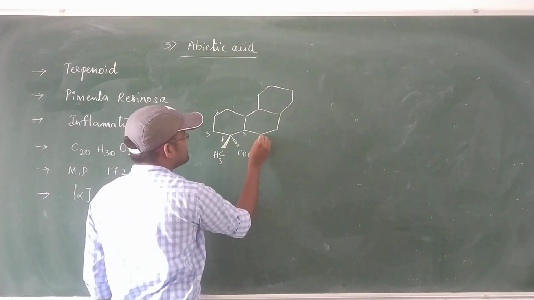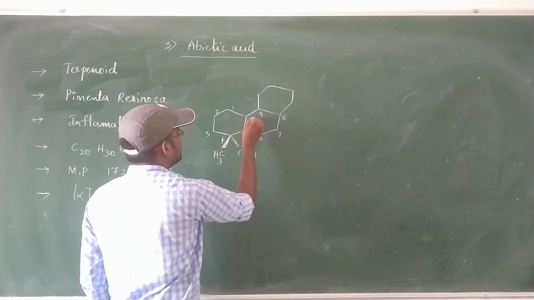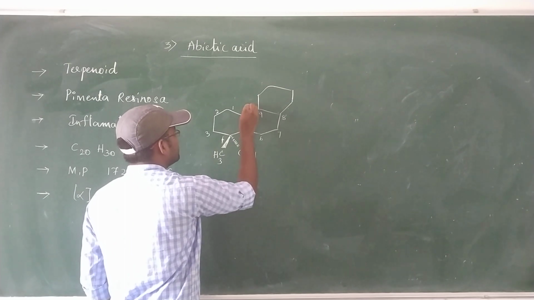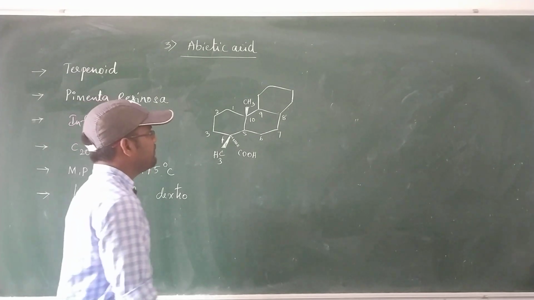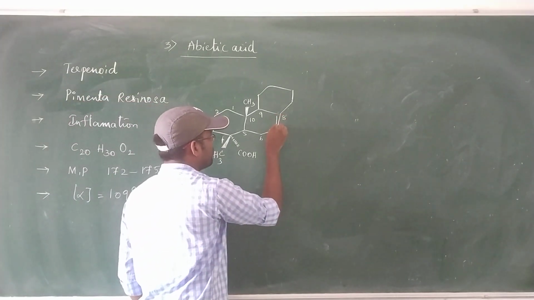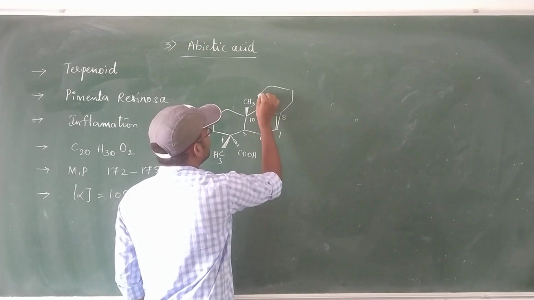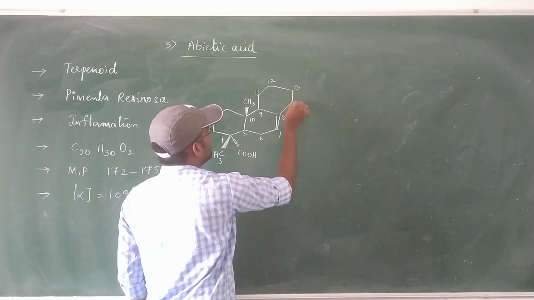Fifth, sixth, seventh, eighth, ninth, 10th carbon has a CH3 group. The CH3 group looks nearer to the observer. In between 8 and 7 there is a double bond, and next 11, 12, 13 and 14.